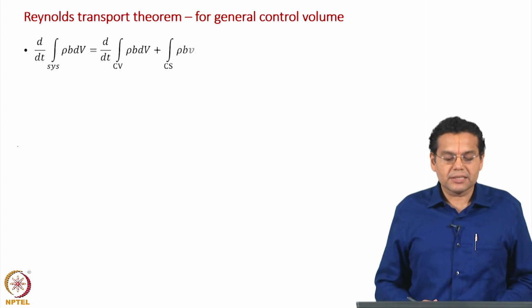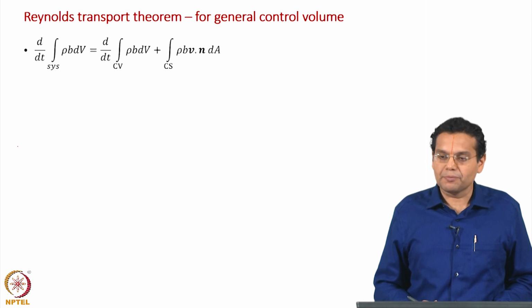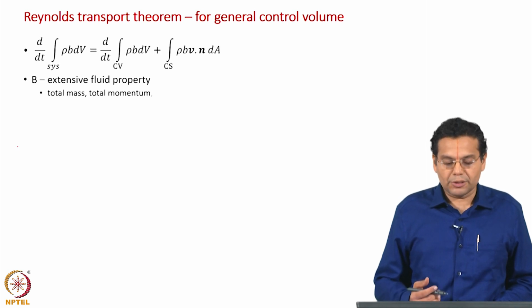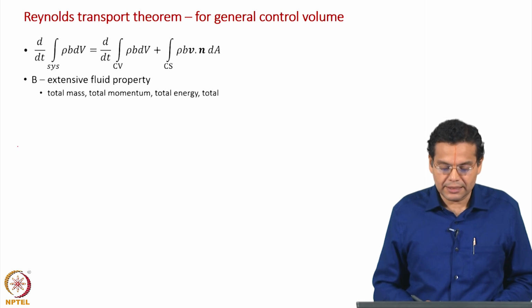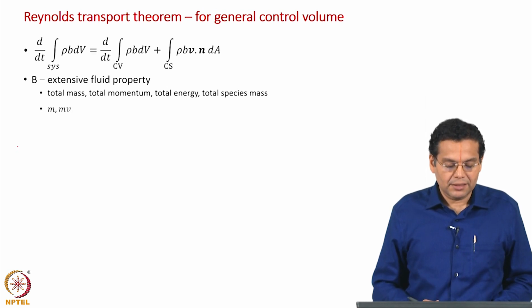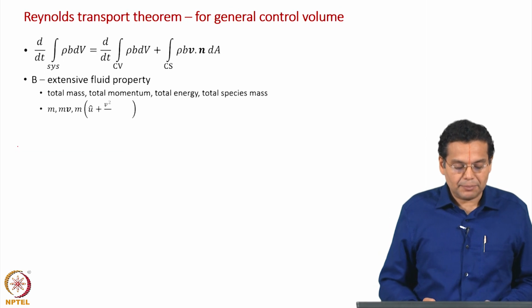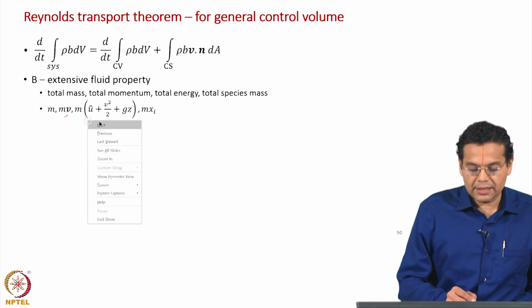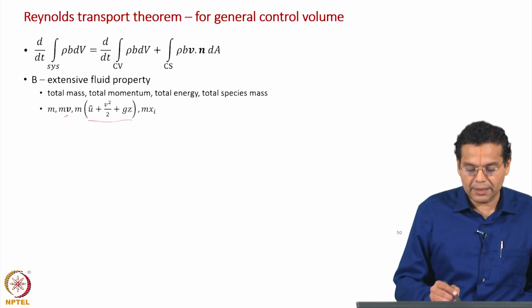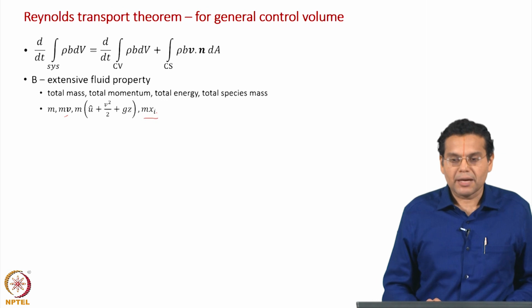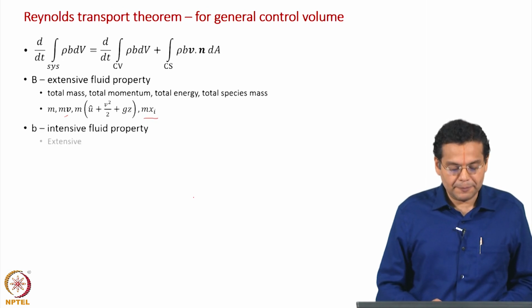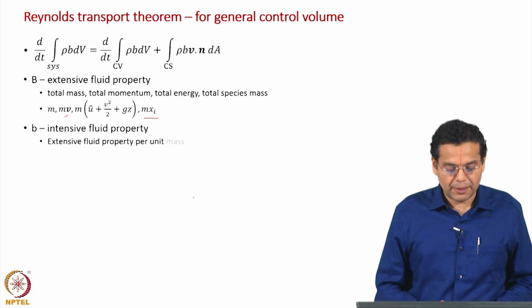We have discussed the significance of capital B. We said capital B is an extensive fluid property, which could represent total mass, total momentum, total energy, total species mass. In terms of variables, they are mass multiplied by 1, velocity, the internal, kinetic and potential energy per unit mass, and then the mass fraction of species. What does small b represent? The intensive fluid property, the extensive fluid property per unit mass.